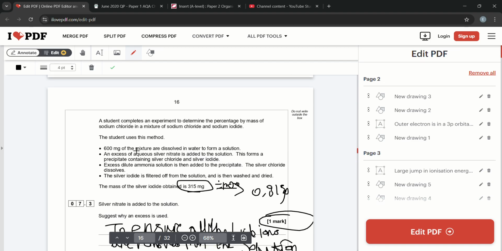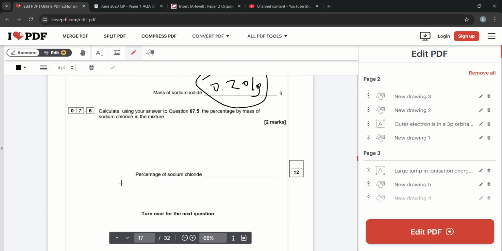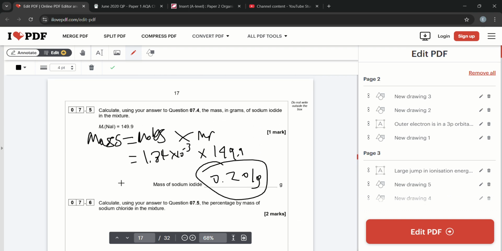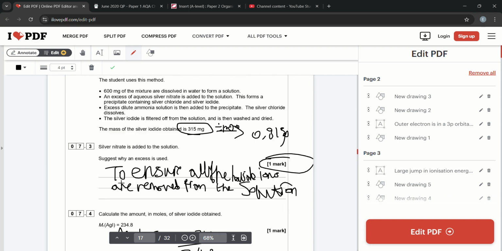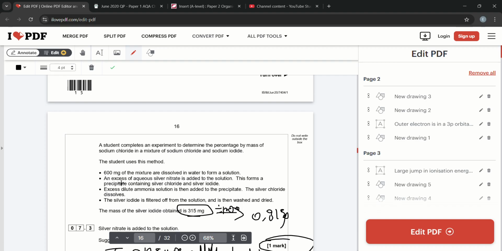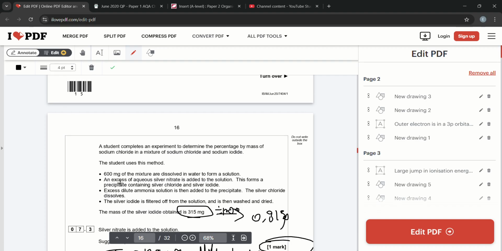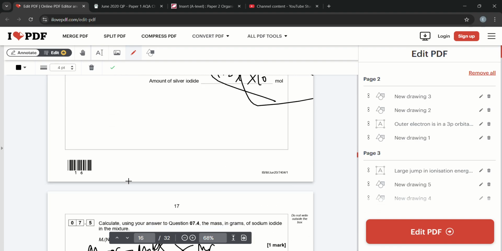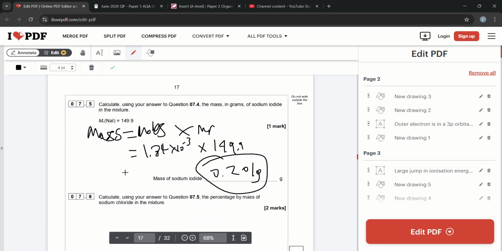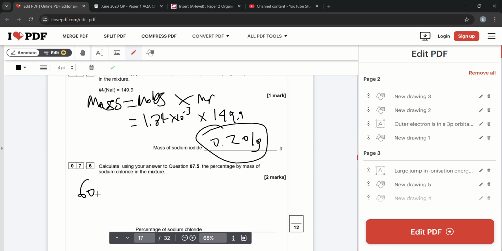If we scroll up, we know that 600 milligrams of this mixture was dissolved in water to form a solution. So we do 600 minus 201, converting the grams into milligrams, which gives 399 milligrams.